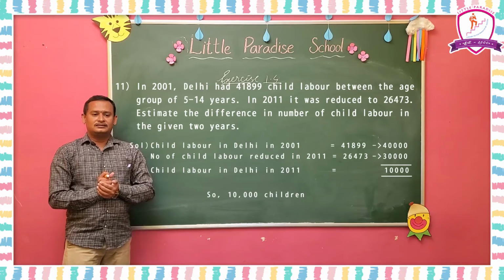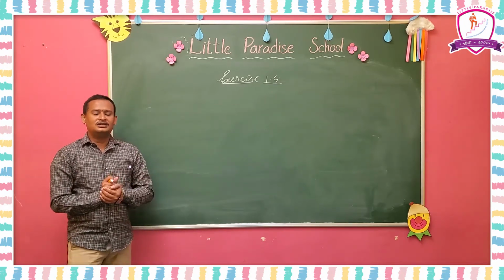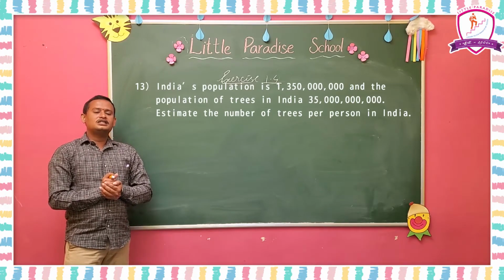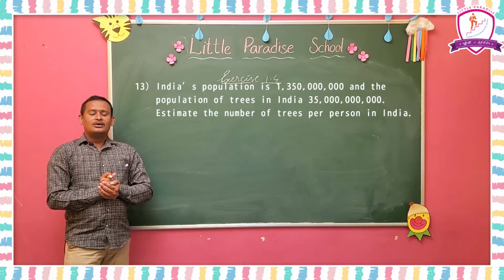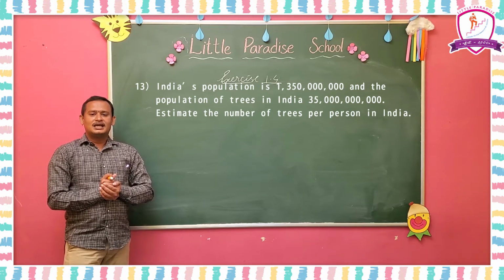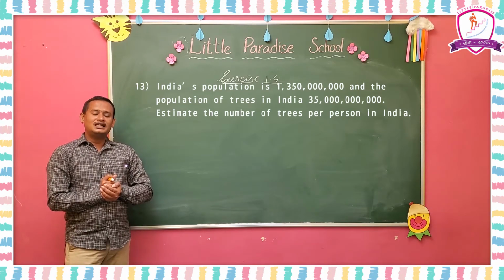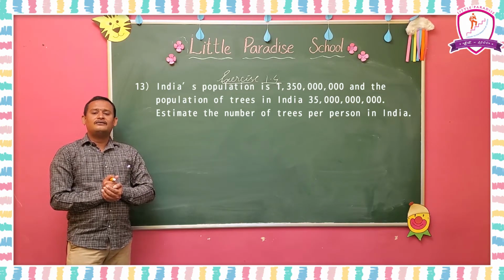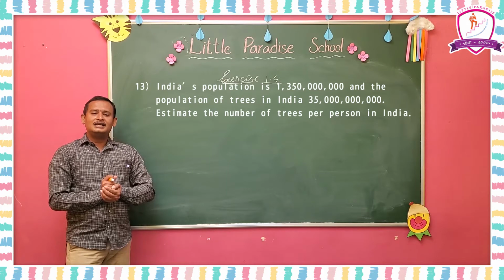Okay. Next, I am going to explain the 13th one. India's population is 1,350,000,000 and the number of trees in India is 35 billion. Estimate the number of trees per person in India.